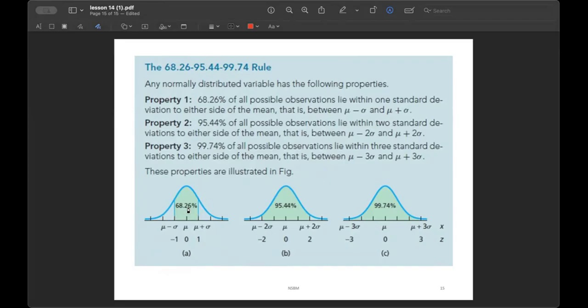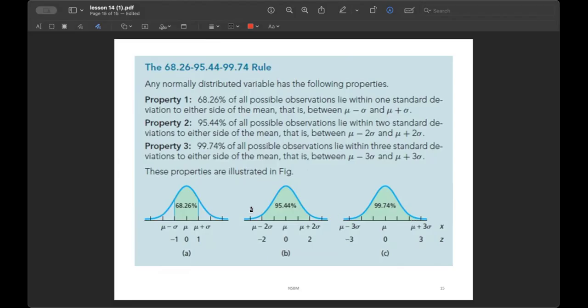So this whole area is 68.26. This area is 95.44, and this whole part, which covers from mu minus 3 sigma to mu plus 3 sigma, is 99.74.